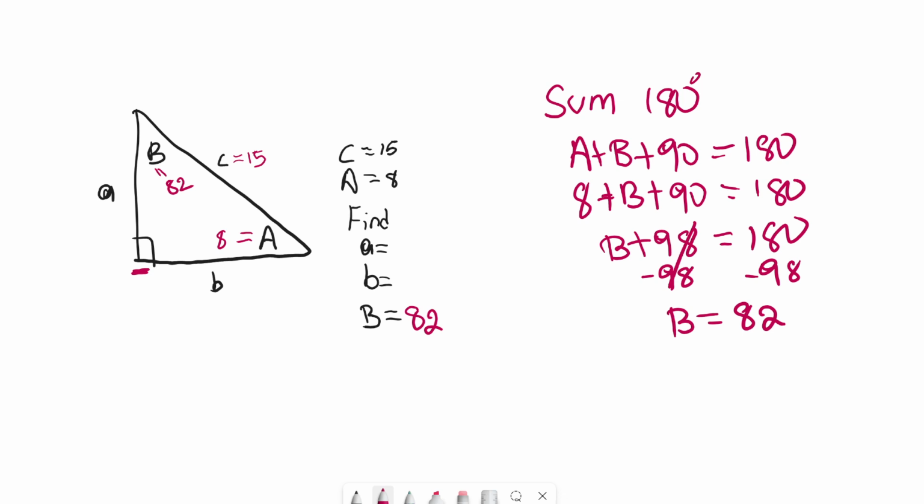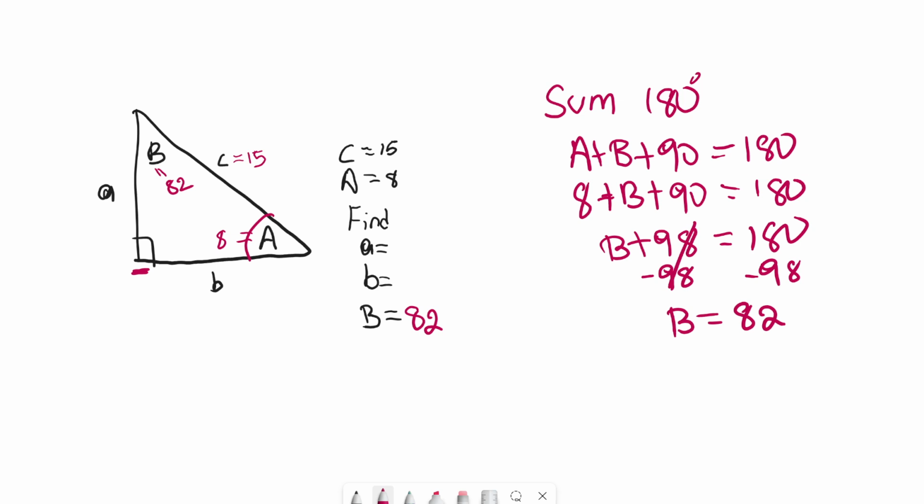Now this gives us more flexibility of how we can solve for the missing sides. Now recall, we talked about the different ratios. We can pick an angle, and then based on the angle that we select, we'll figure out which side is adjacent, which is opposite, and so forth. So for instance, let's say I pick angle A first, right?